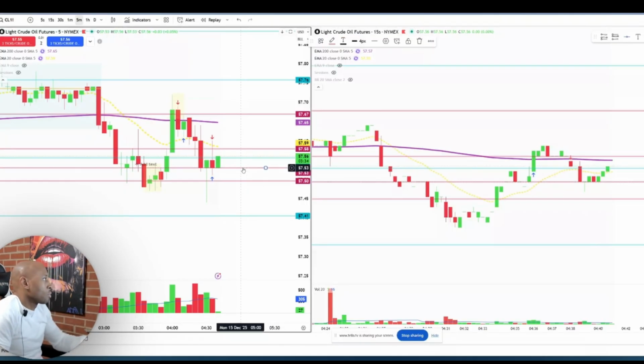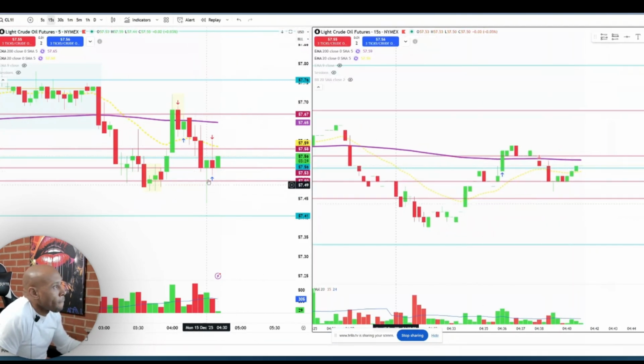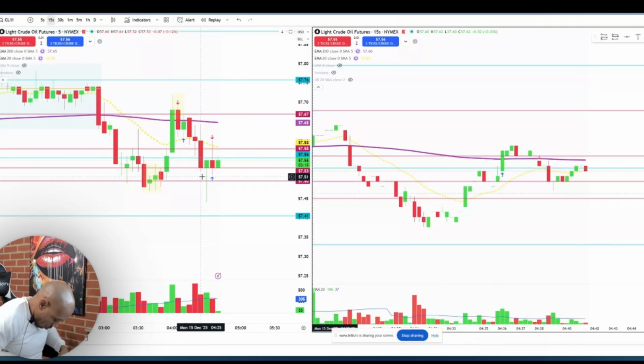Okay. And we're going to see if that holds, because something is there. Can't see what it is because we don't have Bookmap. The price is definitely reacting to that level.